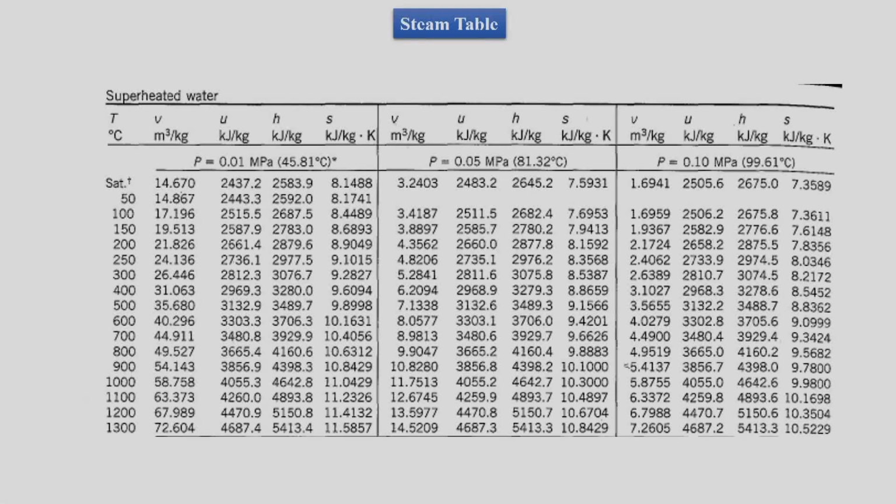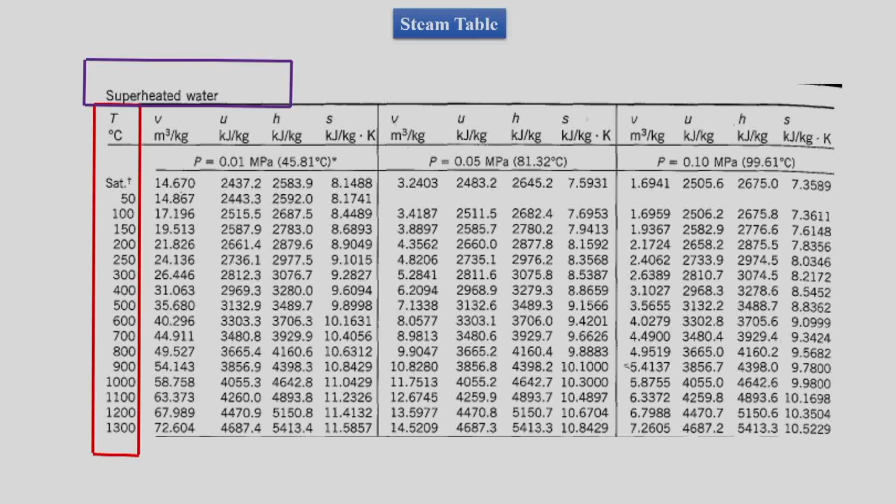We have to watch out for the units which are given. Then the third part of the steam table is the superheated conditions, like the conditions at the intake to the turbine. Here we would be given a temperature and a pressure, and for one pressure there will be different temperatures given.